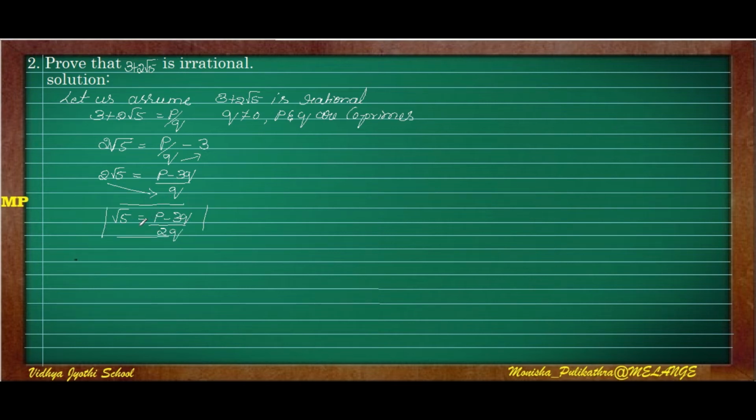So we know from the previous question itself that root 5 is an irrational number. So since root 5 is irrational, and since it is equal, then (p minus 3q) by 2q is also an irrational number, which is contradictory to our assumption.